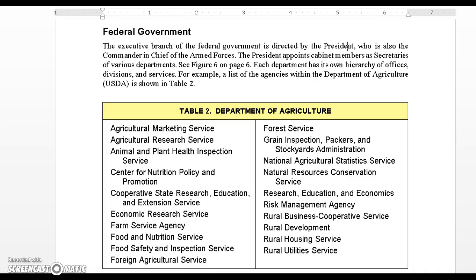So this is pretty, once you understand the diagram, and I'm going to go to the next diagram in just a second. Once you understand this, then the federal government is a little easier to handle. One thing you need to know is that you're most likely not going to be doing a lot of work with the federal government.